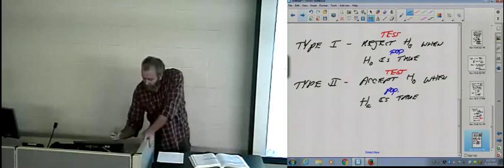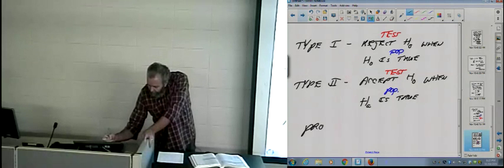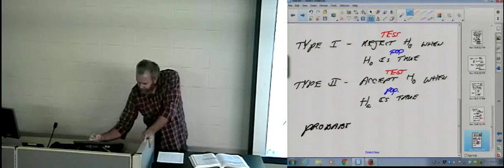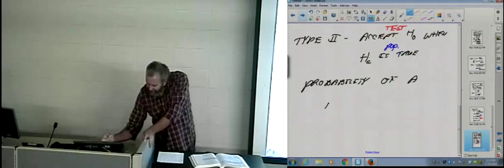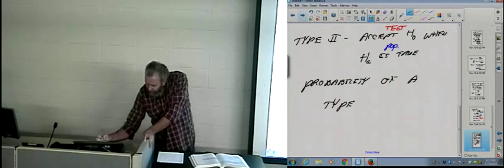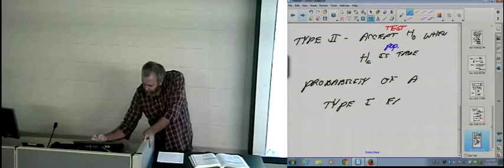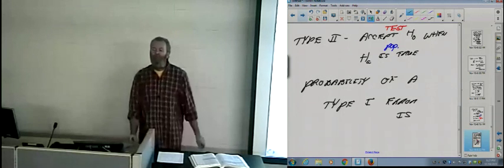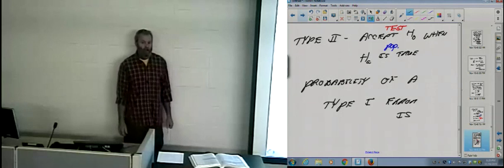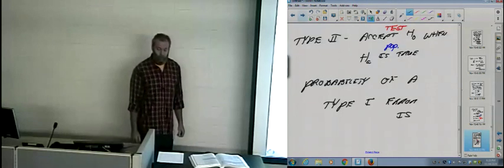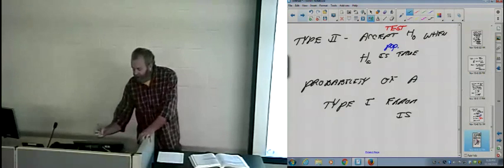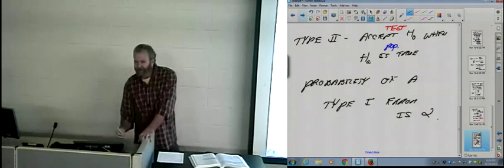Somebody might ask you, what's the probability of a type 1 error? In other words, what's the probability that you reject H naught when H naught is true? It's very simple. The probability of a type 1 error is whatever your significance level is.